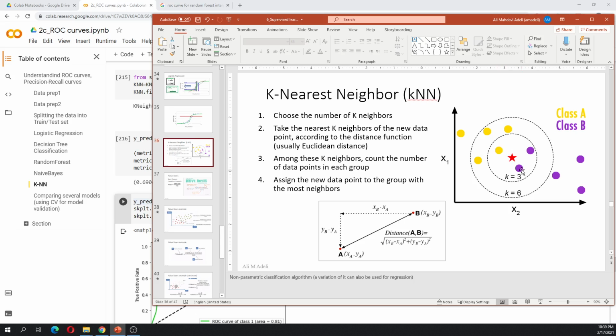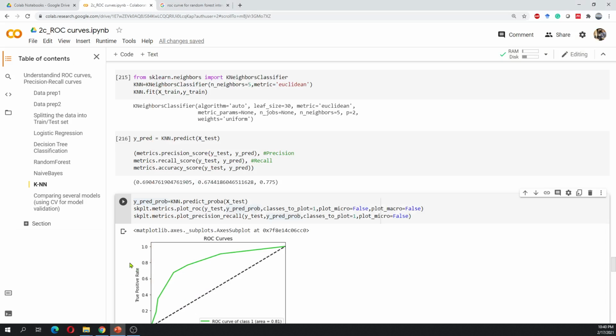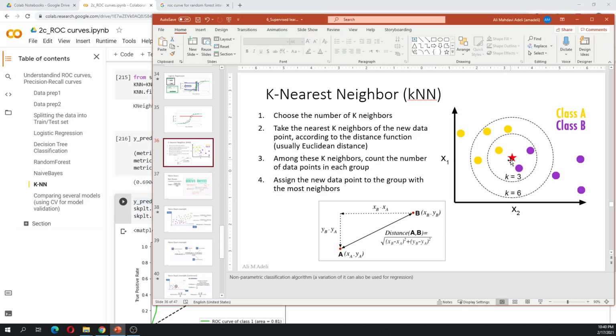So basically, if I had three purples and 3 yellows, let's assume k equals 6, then it would be an exactly 50-50 chance of belonging to each class, right? But similar to what we did before, we could change those thresholds and say, okay, I want you to assign a point to purple if it has at least 20% purples in its neighborhood.